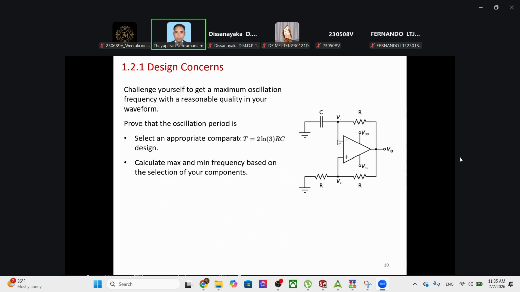Again, the inverting input current. So all this has to be properly analyzed. What are the assumptions involved here? The non-inverting input current is negligible to the feedback path, the positive feedback path. The inverting input current is negligible to the negative feedback path. We have positive feedback and negative feedback here.